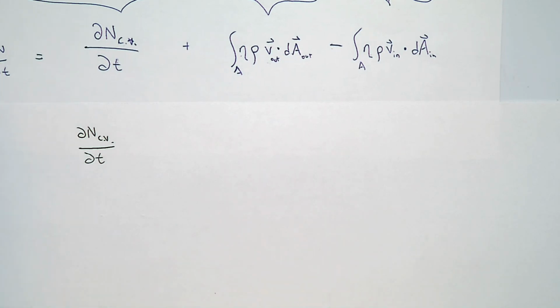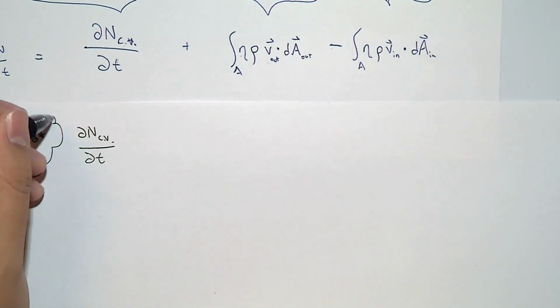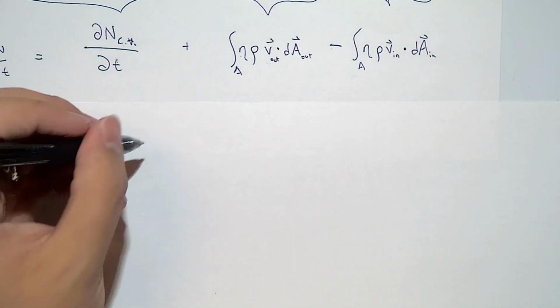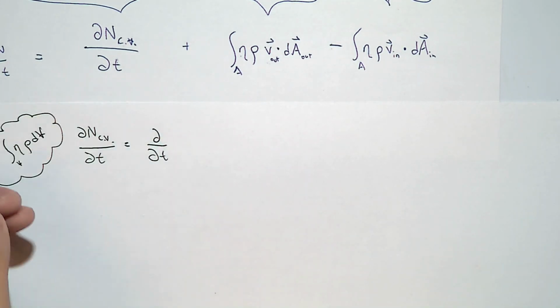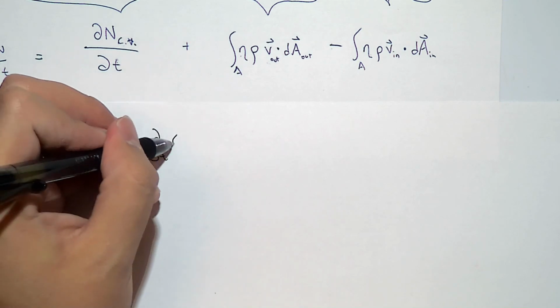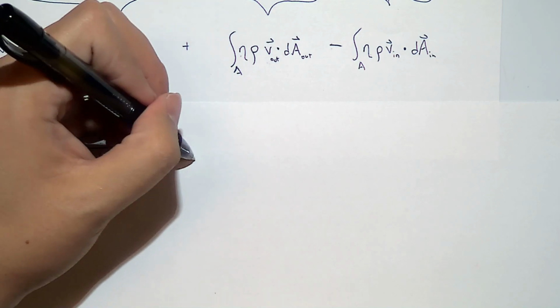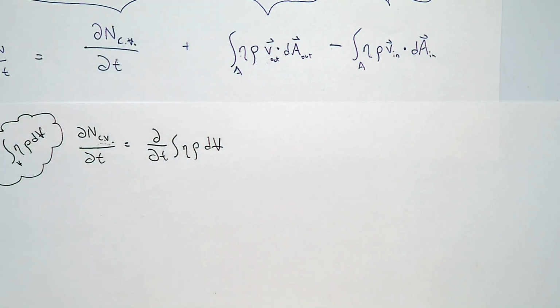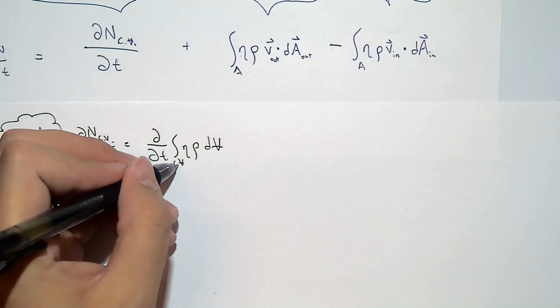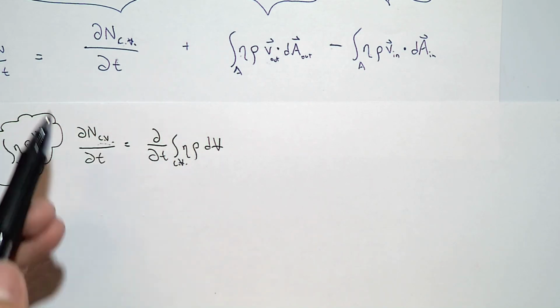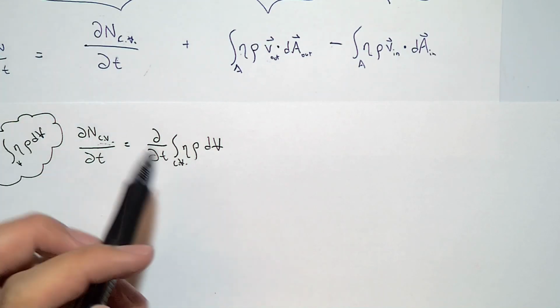Remember that the extensive property was equal to the integral of my intensive property times density times dV. So I can express this partial change as the partial change over time of my extensive property, which is just the integral of my intensive property times density times dV, evaluated over my control volume. So now I can express this term in its integral form.